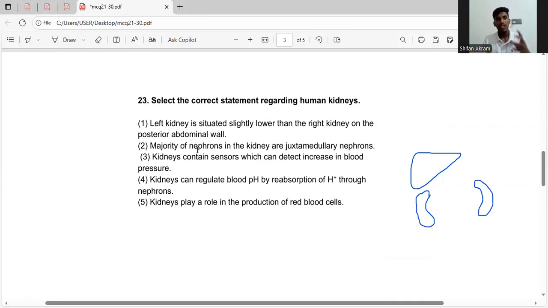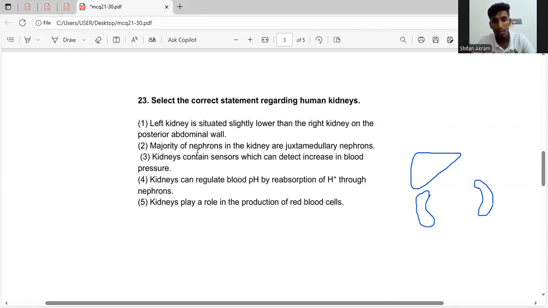Okay, there are two types of nephrons, as we know, the juxtamedullary nephrons and the cortical nephrons. But what are the functions of these nephrons? If you take cortical nephrons, they have the usual function of the nephron. They are involved in secretion, reabsorption, and ultrafiltration.